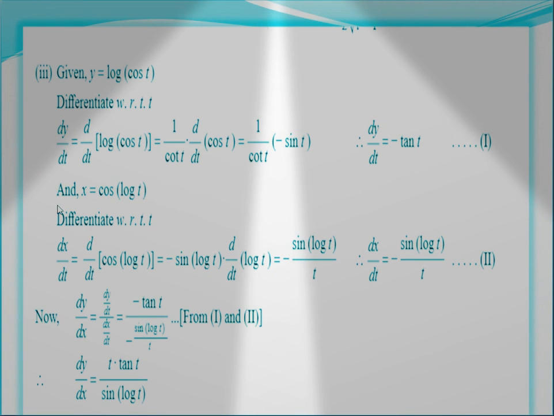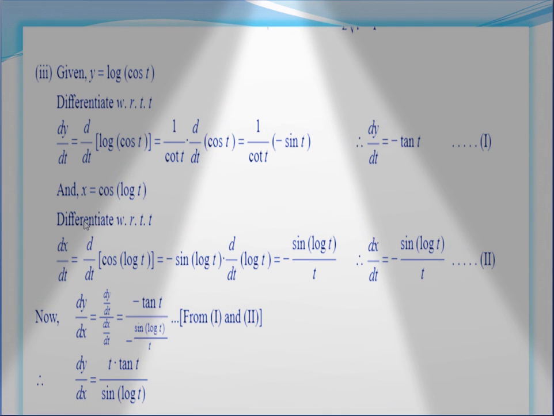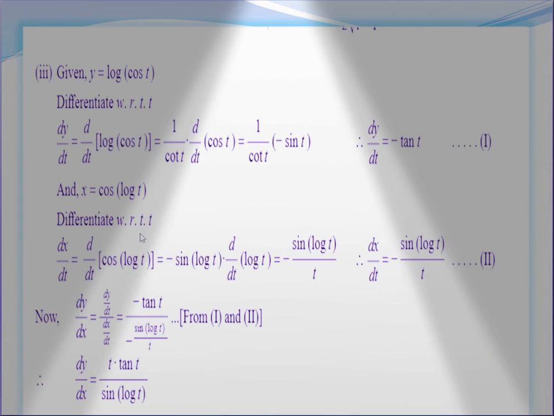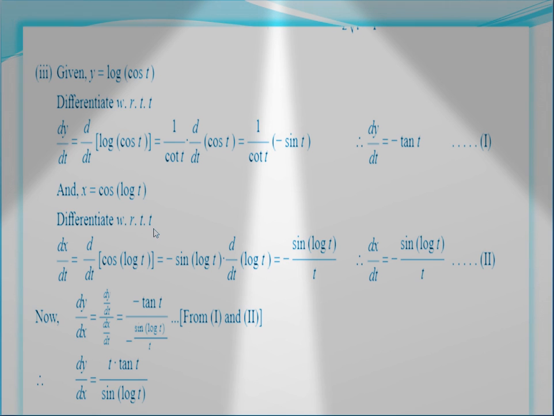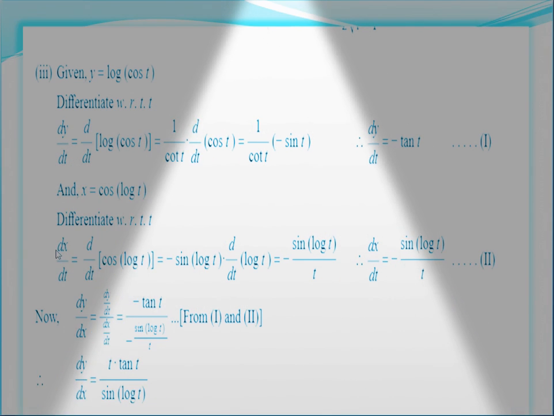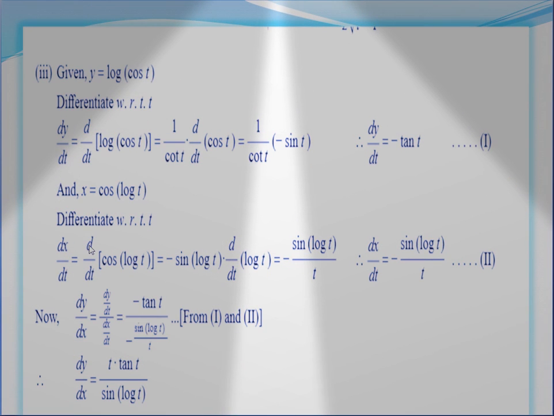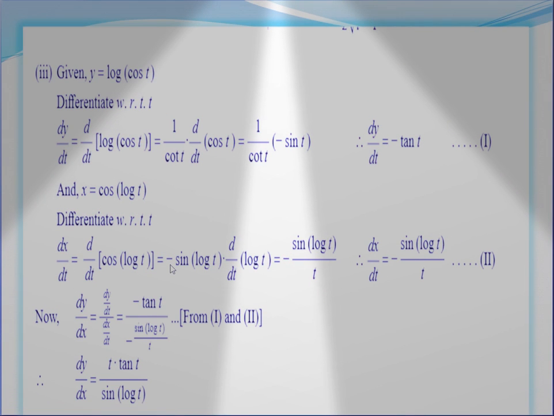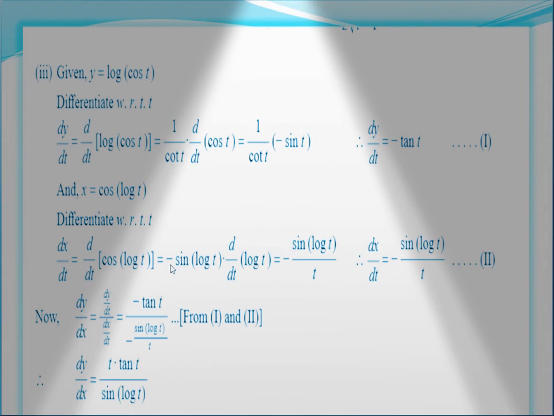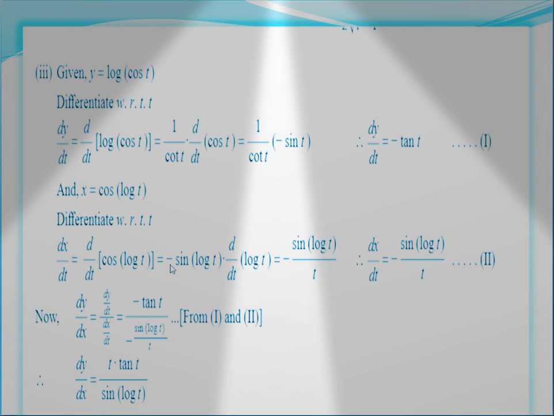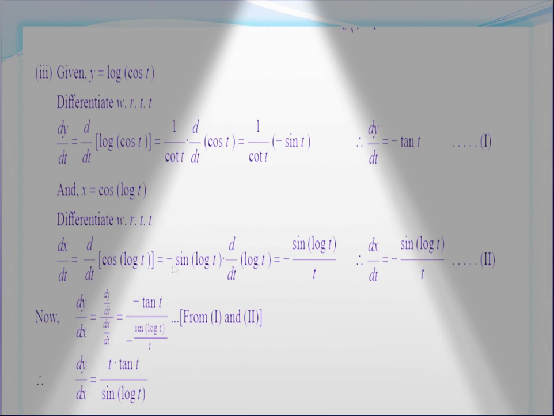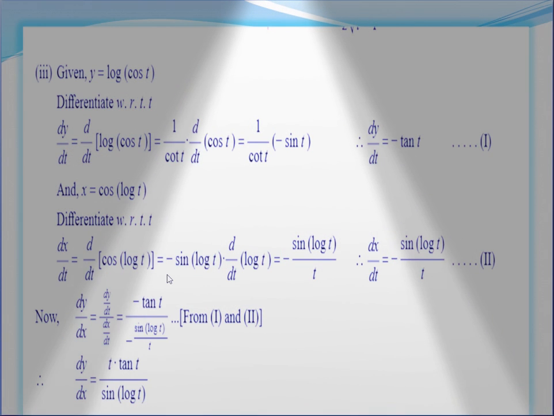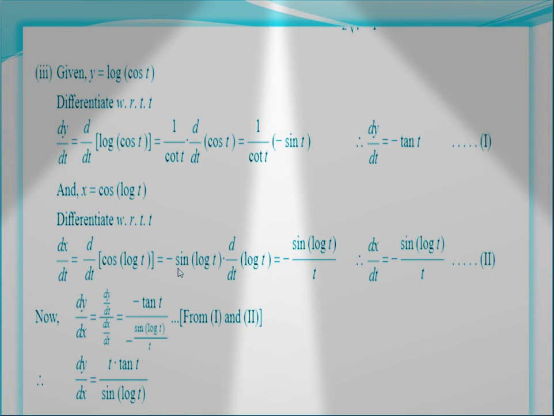Now consider equation second. x is equal to cos of log t. Differentiate this equation again with respect to t. Therefore, the derivative of x is dx upon dt equal to d by dt of cos of log t. Here also cos of log t is a composite function. Suppose log t is u in mind, then we get cos u, and the derivative of cos u is minus sin u into d by dt of u.